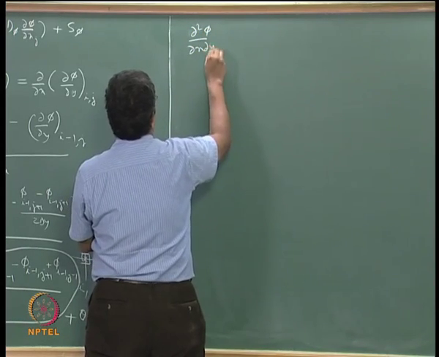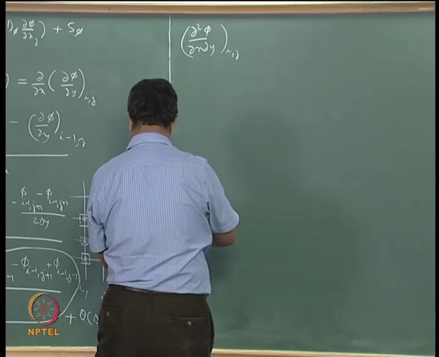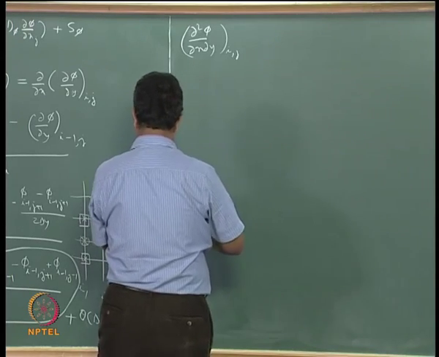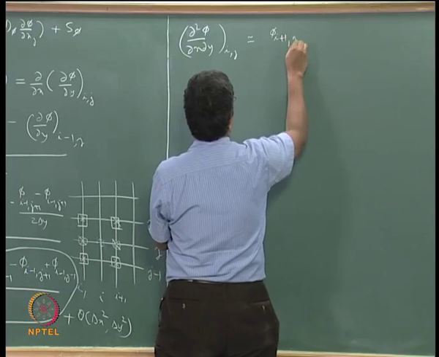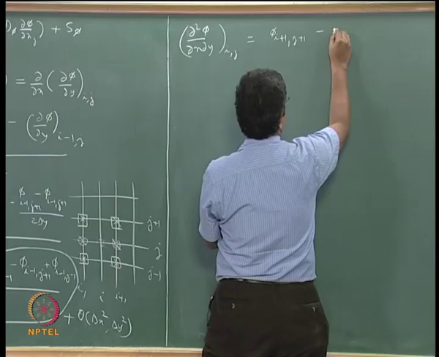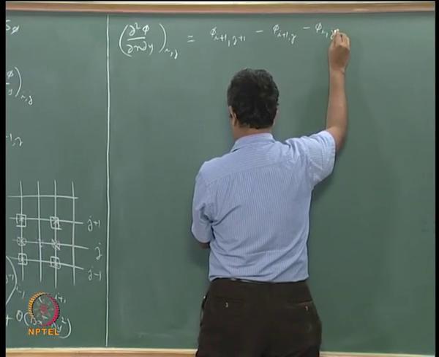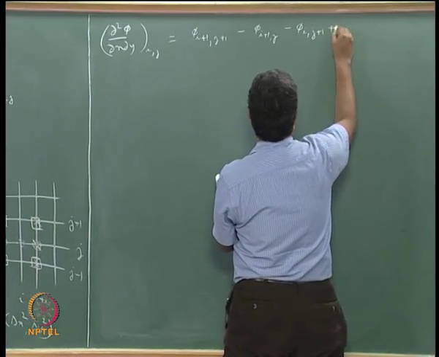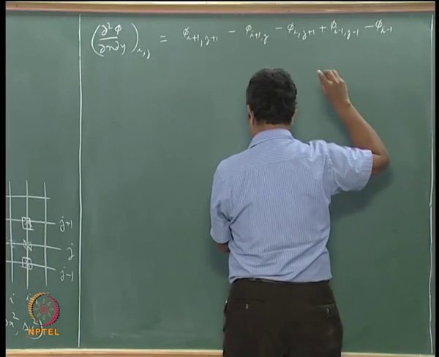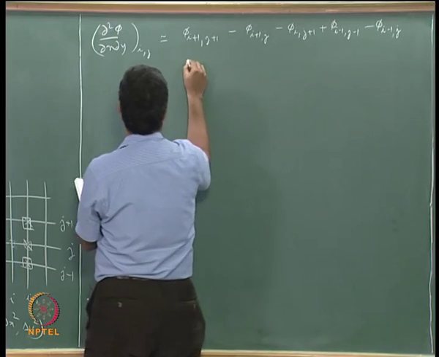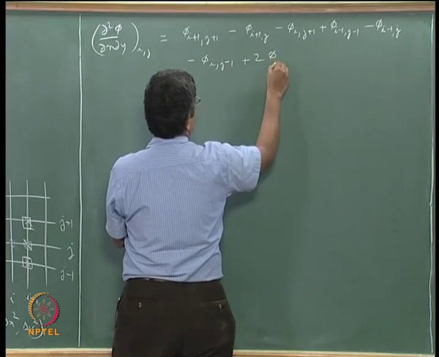∂²φ/∂x∂y at (i,j) can also be represented as φ(i+1,j+1) minus φ(i+1,j) minus φ(i,j+1) plus φ(i-1,j-1) minus φ(i-1,j) minus φ(i,j-1) plus 2φ(i,j).